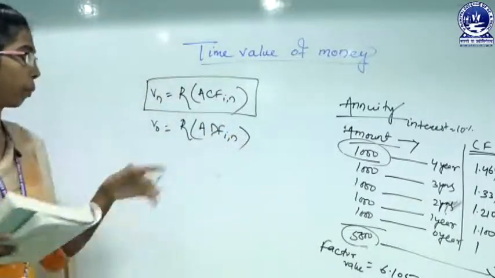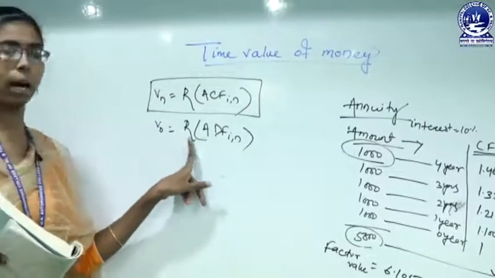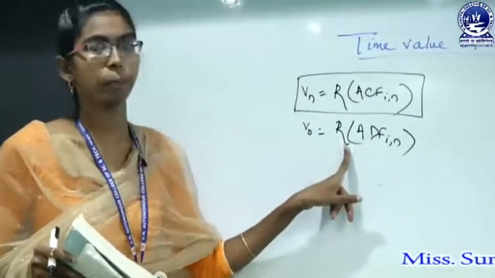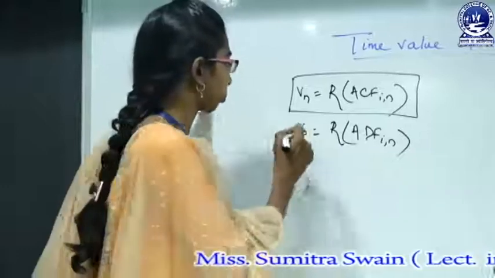Okay, same formula, but here only the R is here. R means repeated amount. Okay.